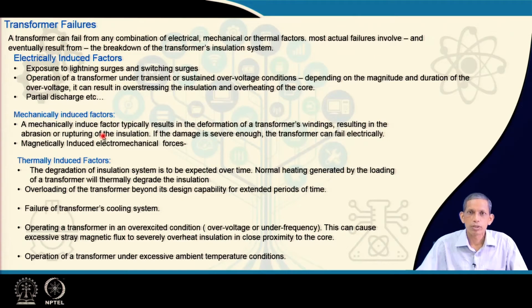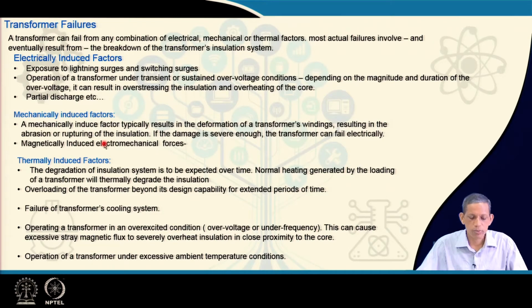Thermally induced factors: slowly the insulation degrades due to aging, and continuous heating happens due to the loading of the transformer. Overloading of the transformer beyond the designed capacity degrades the insulation faster. If the cooling system of the transformer fails, then more heating will be there in the winding and associated insulation.